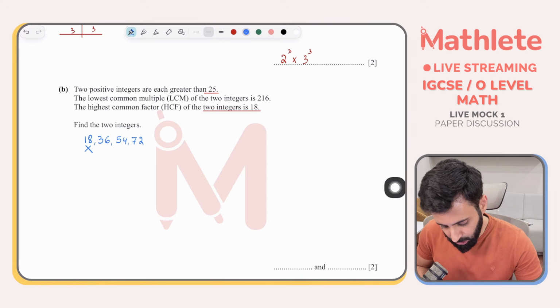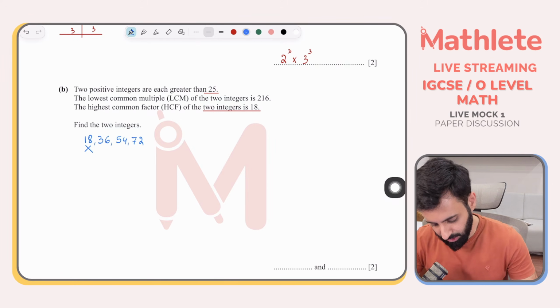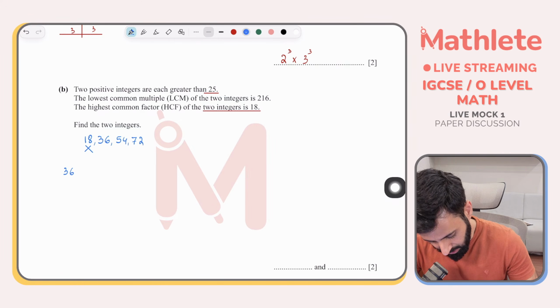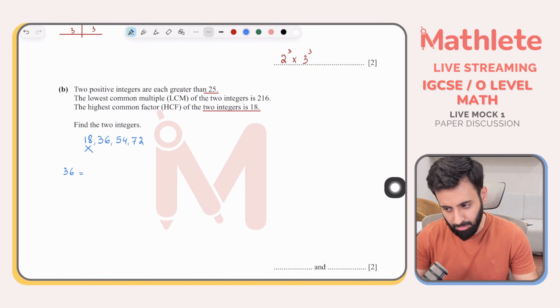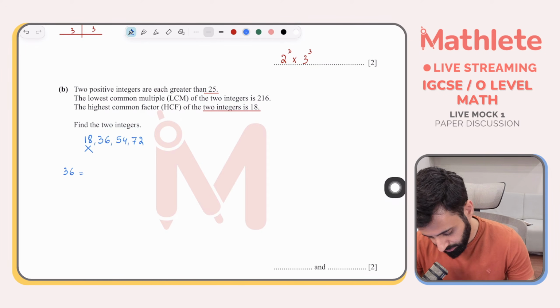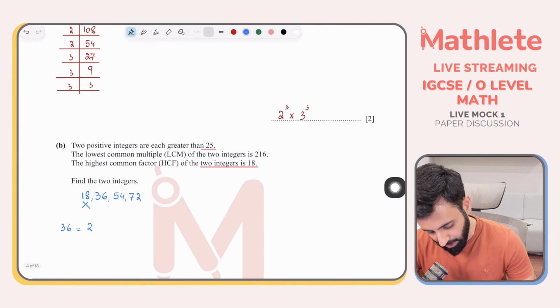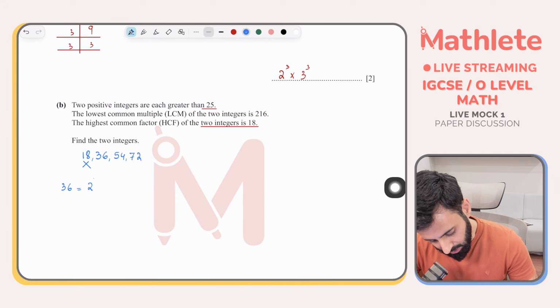Okay, let's do prime factorization of these three numbers. So let's rewrite 36 as a product of its prime factors. You can work it out mentally, or you can use this prime factorization method. So 36 can be written as 2 square into 3 square.